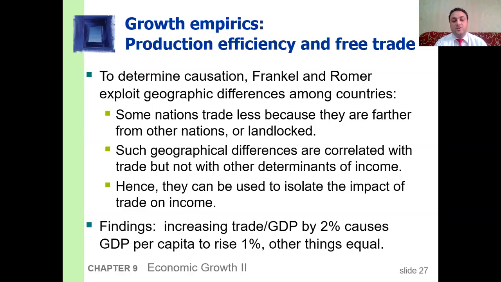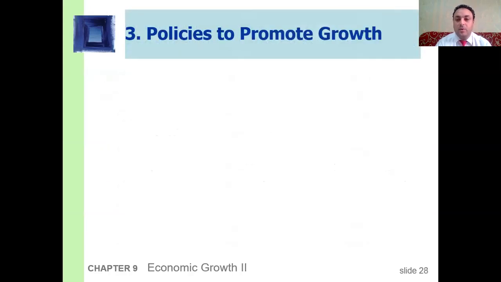So the finding of this research is that increasing trade per GDP, or the ratio between trade and GDP, by 2% causes GDP per capita to rise 1%, with other things remaining the same. This is some of the empirics of the Solow model and the variables that we studied.